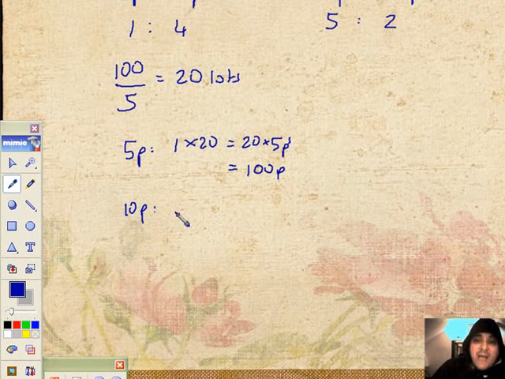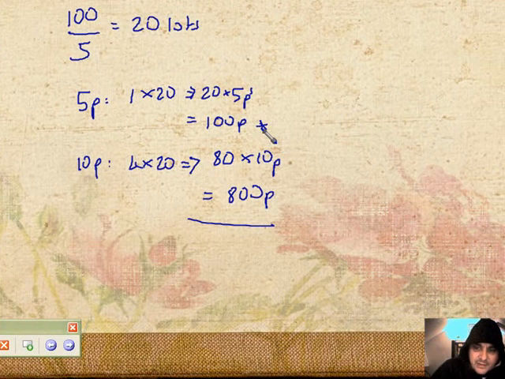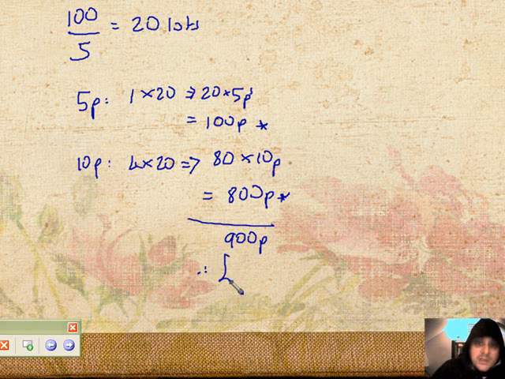On the 10p's we have 4 lots of 20, which gives us 80 lots of 10p. That will then equal 800 pence, and the total will be that plus that. That's 900p, and therefore Tom has got £9 worth in money.